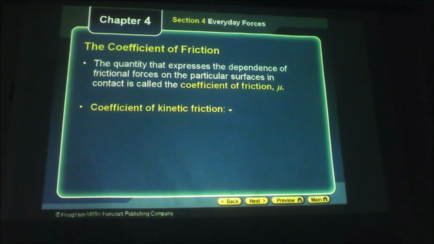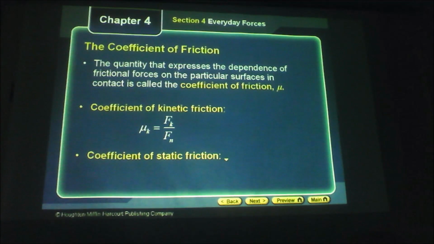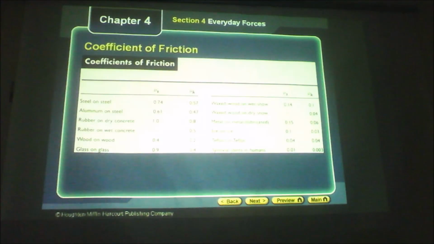The coefficient of kinetic friction, we'll say mu sub k for kinetic, equals the kinetic force divided by the normal force. The coefficient of static friction, we'll use mu sub s, equals the maximum force exerted statically divided by normal.